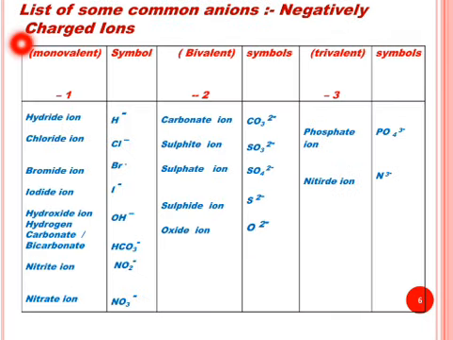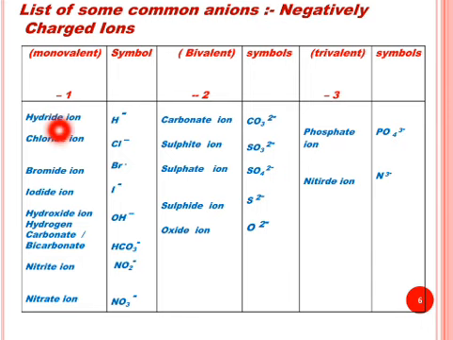Now let us see a list of some common anions, that are negatively charged ions. These are also monovalent carrying -1 charge or 1 valency, bivalent carrying -2 charge or 2 valency, trivalent carrying -3 charge or 3 valency.